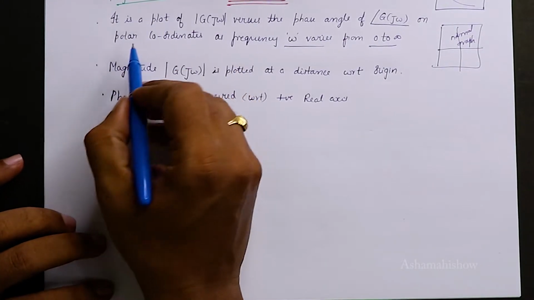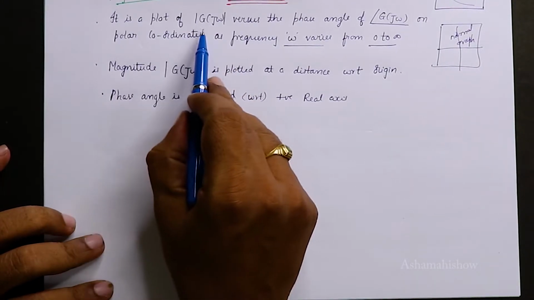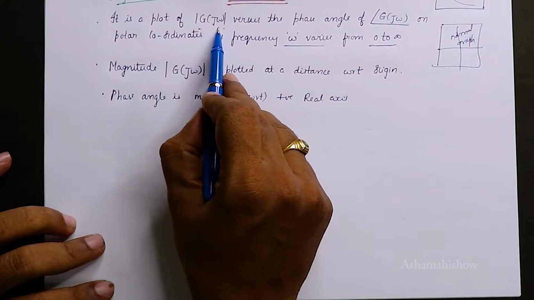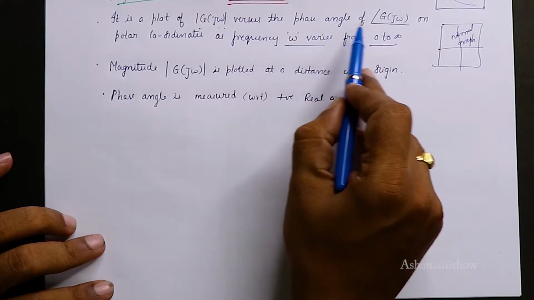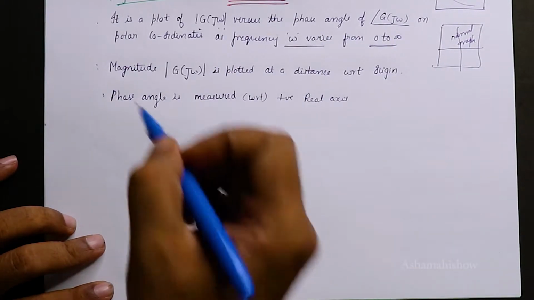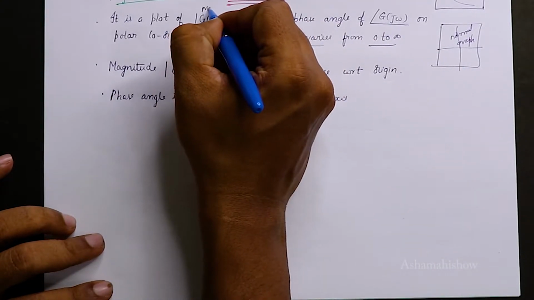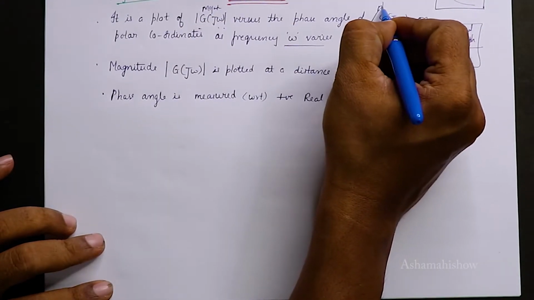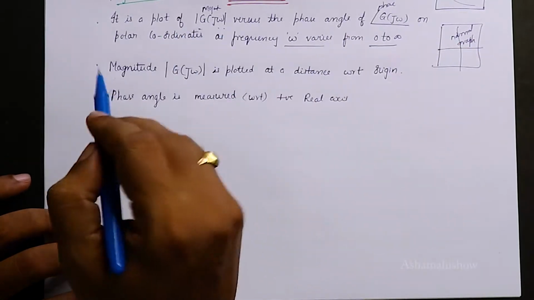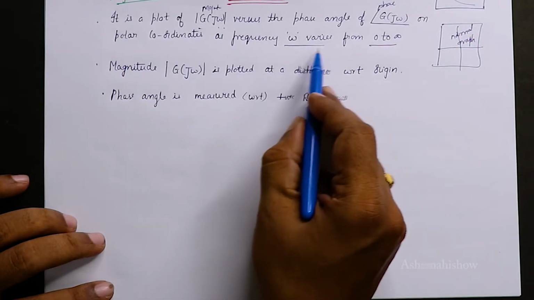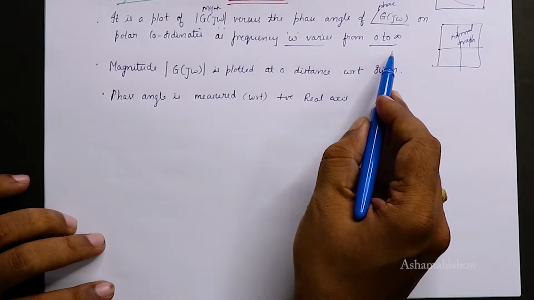So what is a polar plot? It is a plot of the magnitude, modulus of G(jω), versus the phase angle of G(jω). So this is magnitude and this is phase, both together on polar coordinates as the frequency omega varies from 0 to infinity.